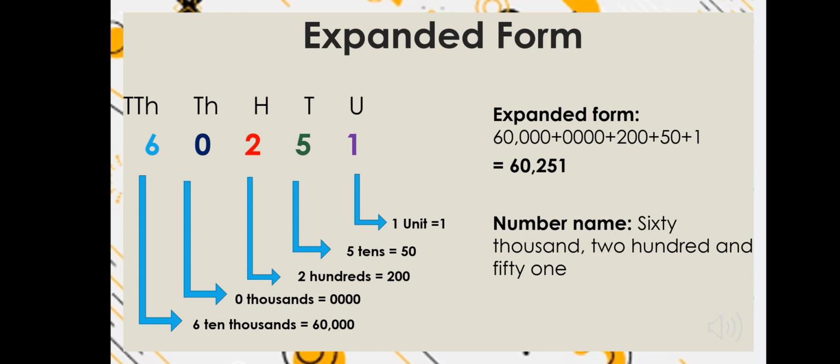Now on your screen, you can see a number, 60251. If you look at the extreme right of this number, the last digit is 1, which is also the unit of this number.